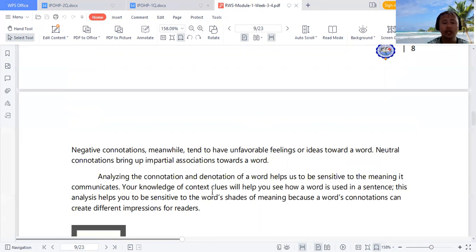Analyzing the connotation and denotation of a word helps us be sensitive to the meaning it communicates. Your knowledge of context clues will help you see how a word is used in a sentence. This analysis helps you be sensitive to the word's shades of meaning, because a word's connotations can create different impressions for readers.